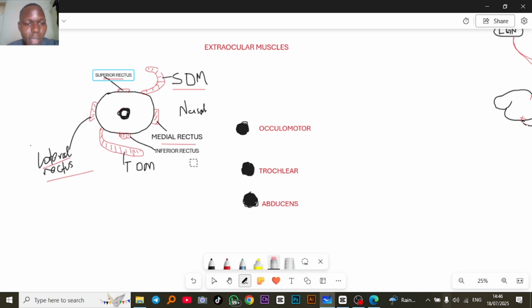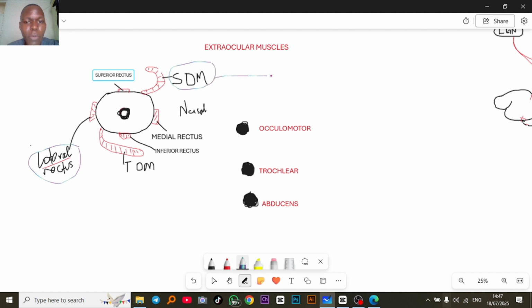So the oculomotor is the main man here to supply most of the extraocular muscles, except 2 muscles. The easiest way is to remember the exceptions. Then the rest will be easy for you. So the exceptions are lateral rectus and the superior oblique muscles.